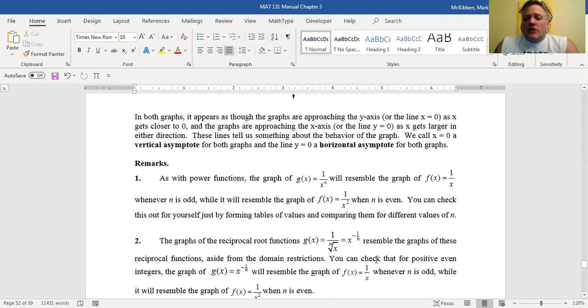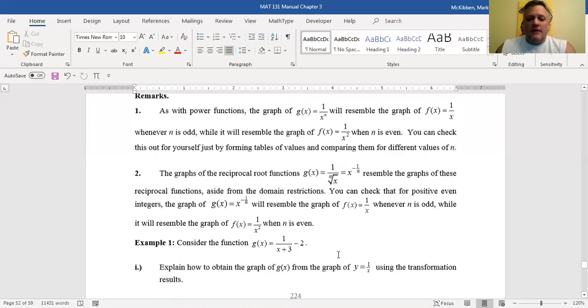The same thing works for reciprocals of root functions. These you'll bump into every now and then in calculus, not very often. And if I took cube roots, 5th roots, or 7th roots, they basically resemble the corresponding odd reciprocal function for just the square root and the cube root functions.